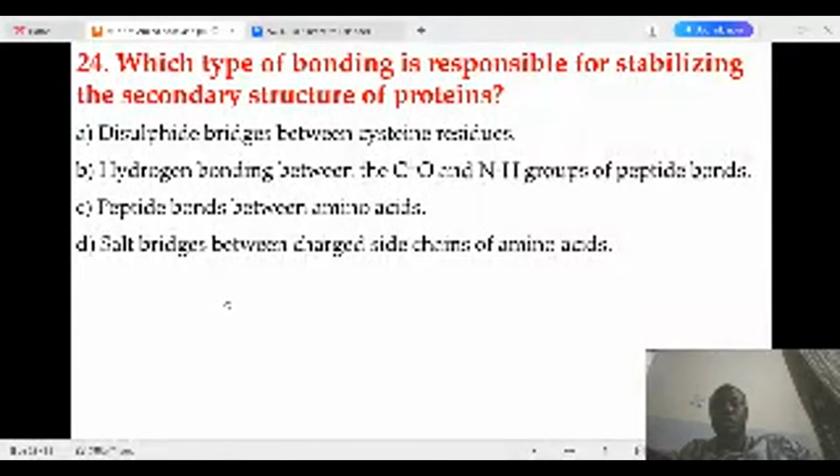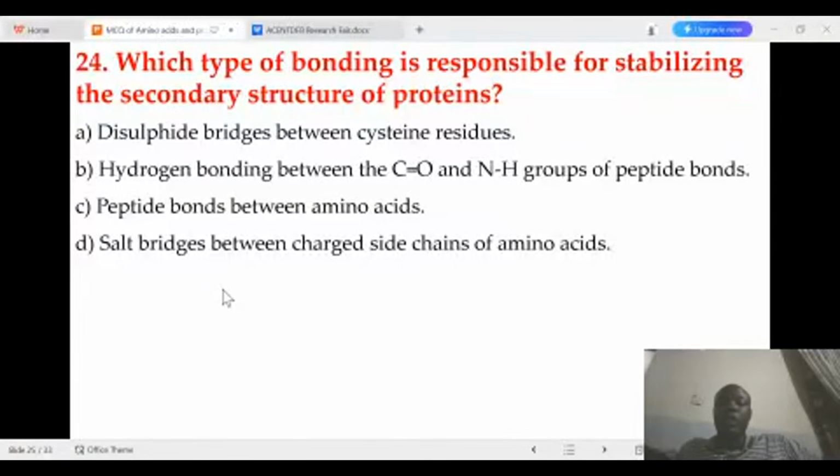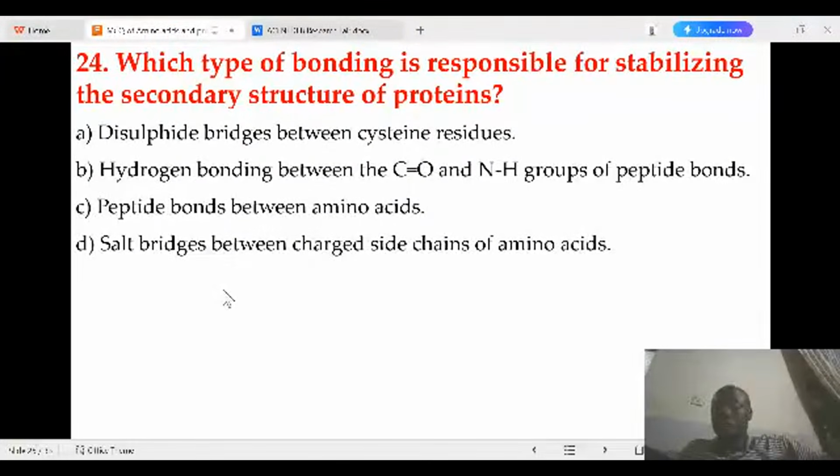So for 24, the correct answer is B. The hydrogen bond between the carbonyl carbon and amino groups of the peptide bond is what stabilizes the secondary structure of proteins.